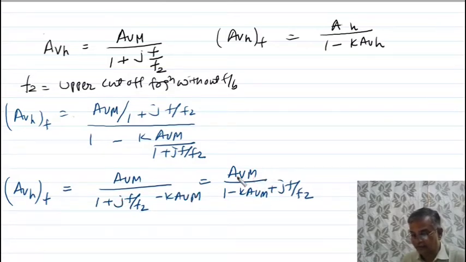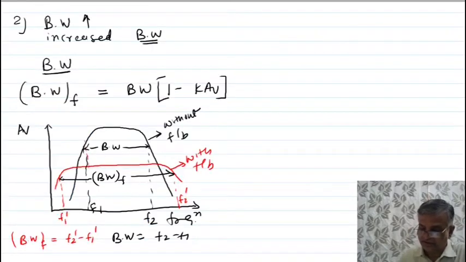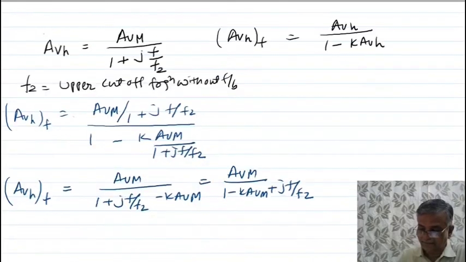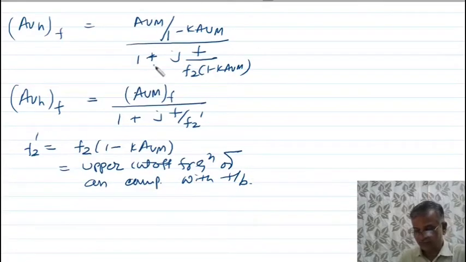Now this is divided by 1 minus kAV, and this is also divided by it, so you can write this, and I have given this the new term f2 dash. This f2 dash is nothing but the upper cutoff frequency of the amplifier with feedback. I think you understand.